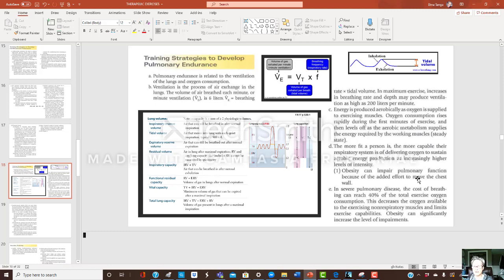Inhale, exhale. Volume of gas exhaled per breath. So inhale, exhale, that's your tidal volume. And then your breathing frequency is your respiratory rate. So how many breaths per minute? So you would take the volume of gas exhaled per breath times your respiratory rate per minute.